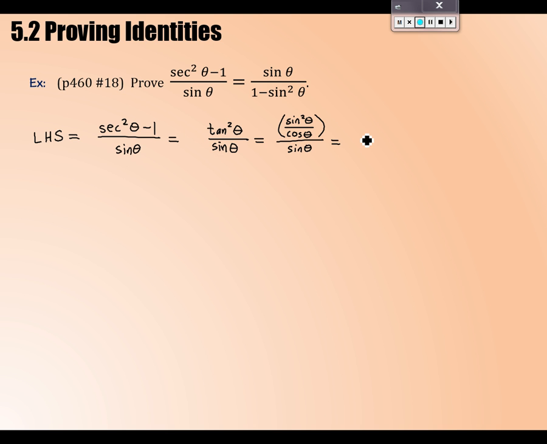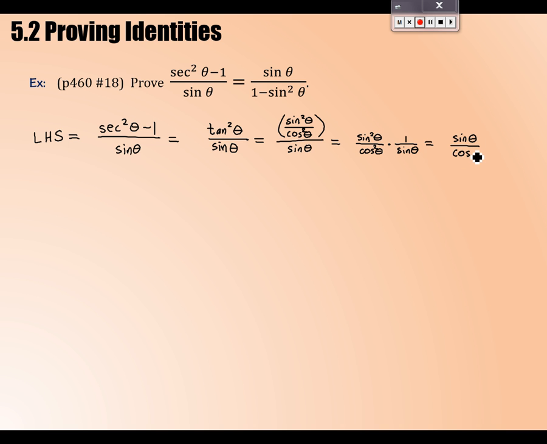But we can write it this way too: sine squared theta over cosine theta times 1 over sine theta. Isn't that what it means to divide by sine, the same as multiplying by its reciprocal? So we get sine over cosine. Sorry, where did the cosine squared go? Where is this? Yeah, okay.